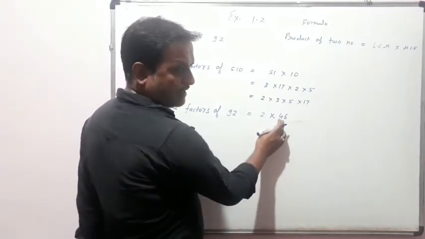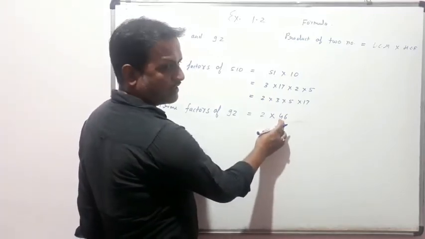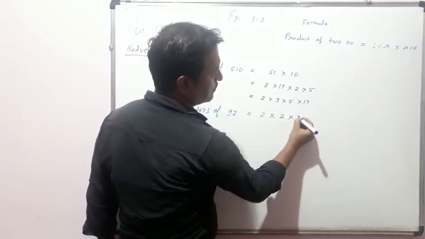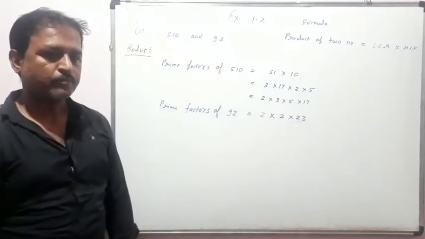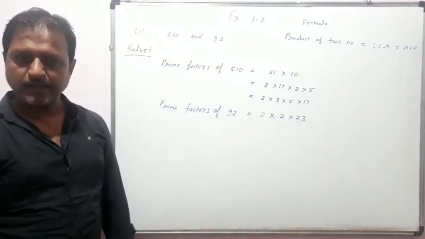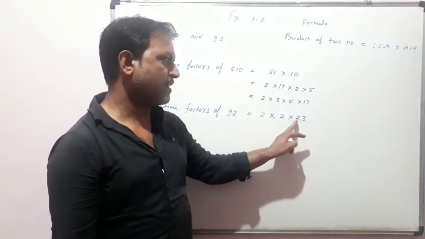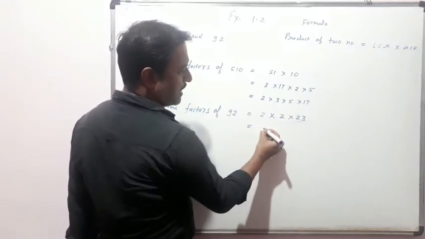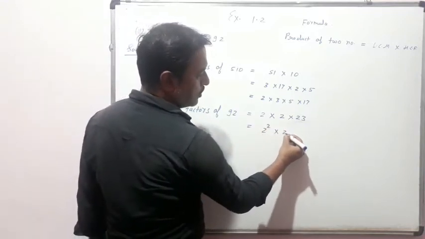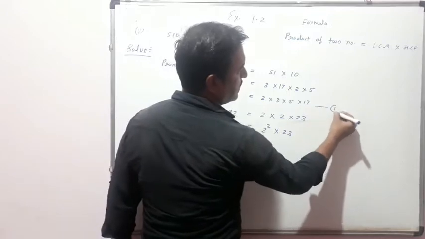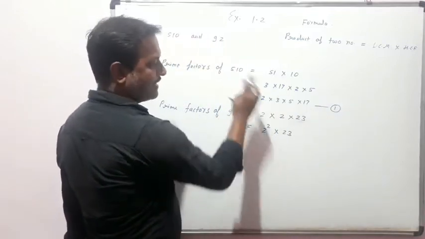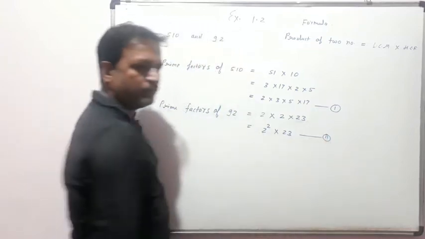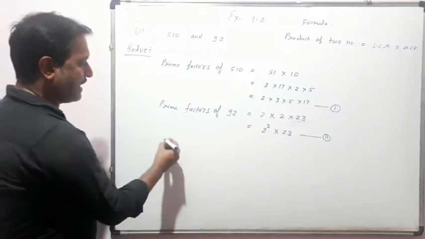Now 46 again, 2 into 23 we can write, since 2 into 23 is 46. Now you can see all the factors are prime numbers. So the prime factors of 92 are 2 power 2 into 23. These are the prime factors of 510 and these are the prime factors of 92. Clear? Now to find HCF.